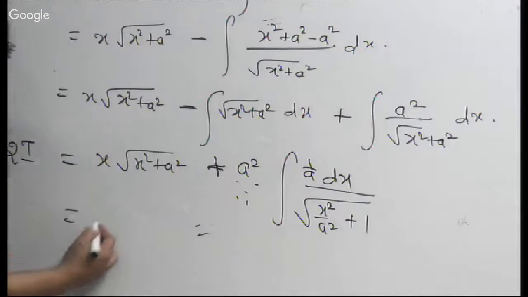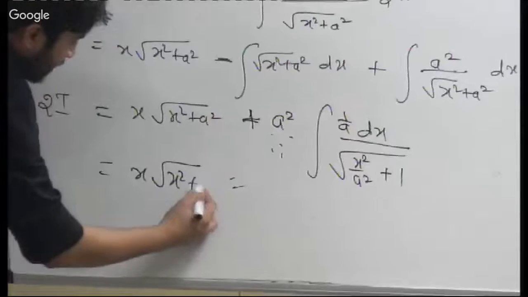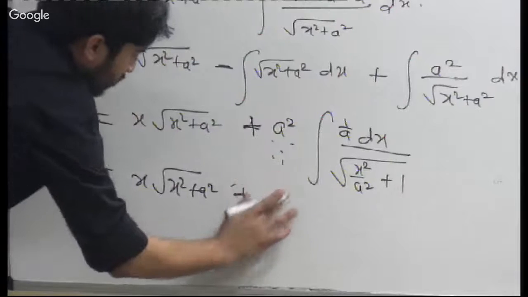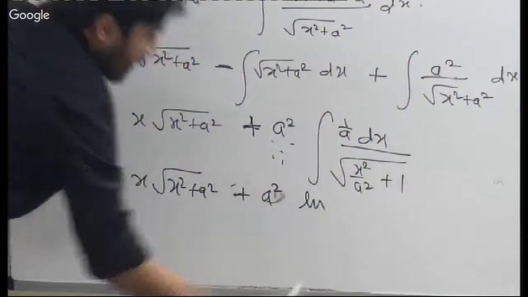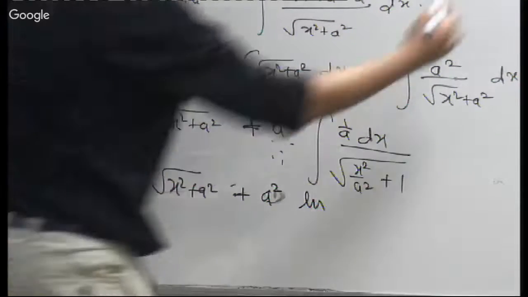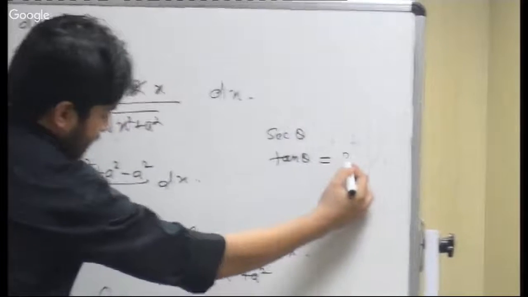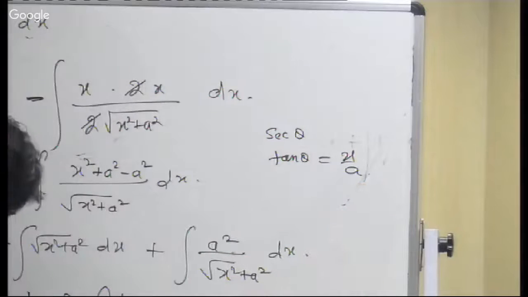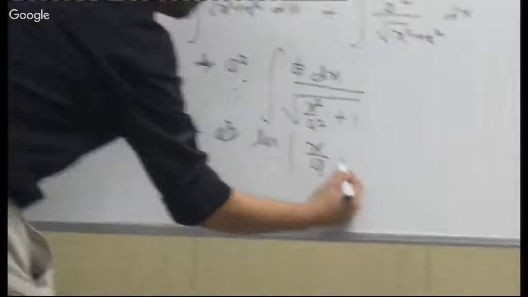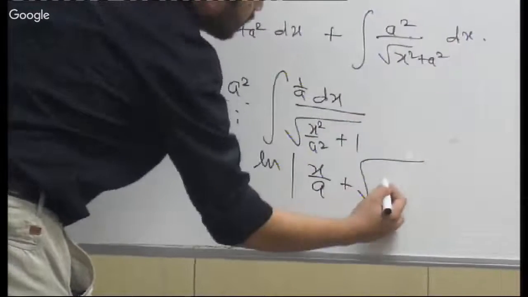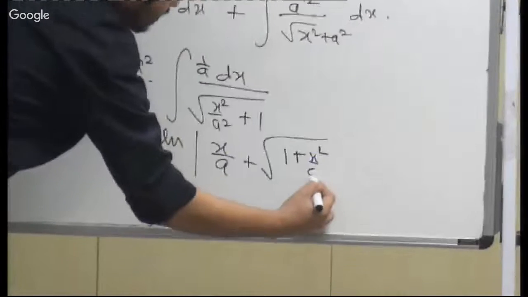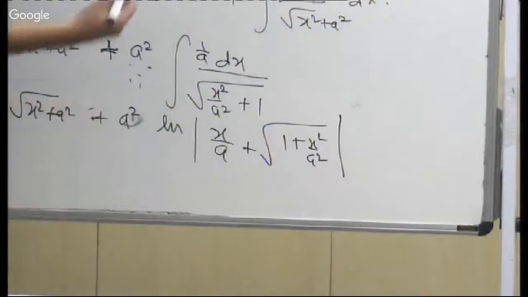So this will be something like x into under root x square plus a square, plus a square ln of sec theta plus tan theta, and my tan theta is x by a. So log of x by a plus under root 1 plus x square by a square, plus c.